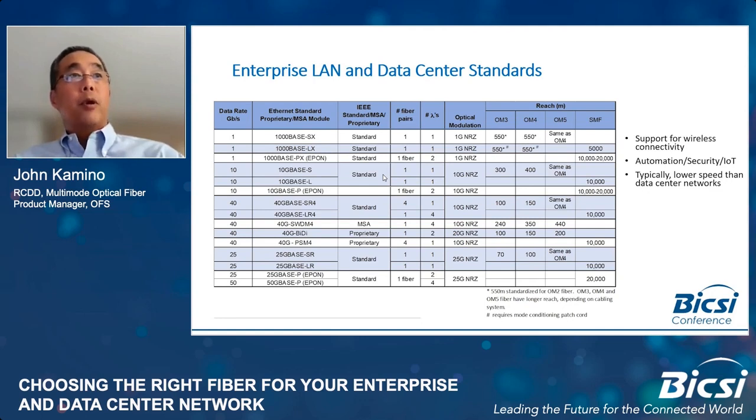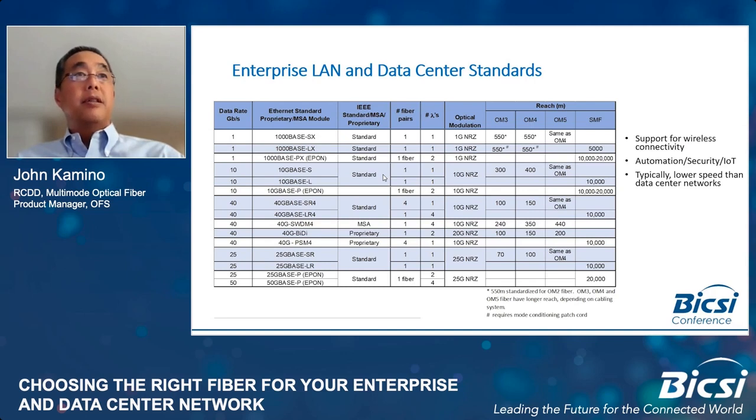Once we get up to 40 gigabit Ethernet, you see both the SR and LR standards that go 100 meters, 150 meters on OM4 and 10 kilometers on single mode fiber. But you also start to see some multi-source agreement or proprietary solutions in this table. These 40G SWDM and 40G BiDi solutions supported a duplex or two fiber 40 gigabit per second link.